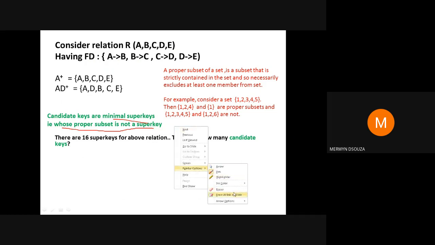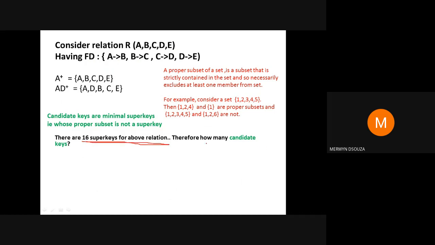Now we have already discussed that there are 16 super keys for the above relation. So how many candidate keys are present? For a candidate key, the first condition is that the key should be a super key. Out of these 16 super keys, how many are candidate keys?